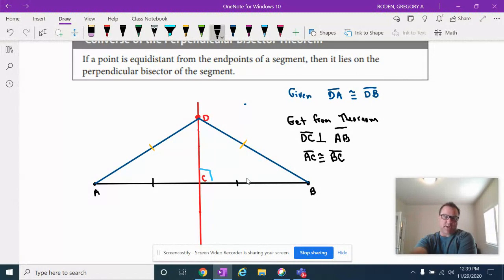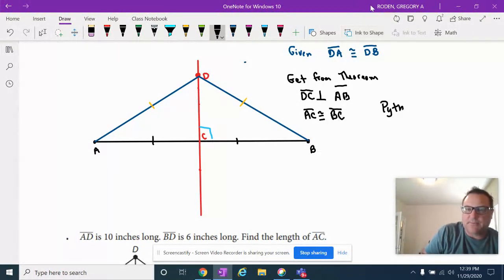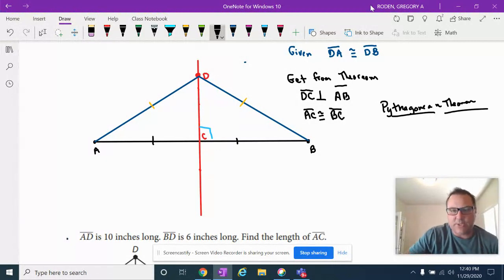We like right triangles because right triangles can let us use the Pythagorean theorem. So we've made these right triangles, and we know they're right because they're perpendicular. And whenever you can apply the Pythagorean theorem, it is very, very, very useful.